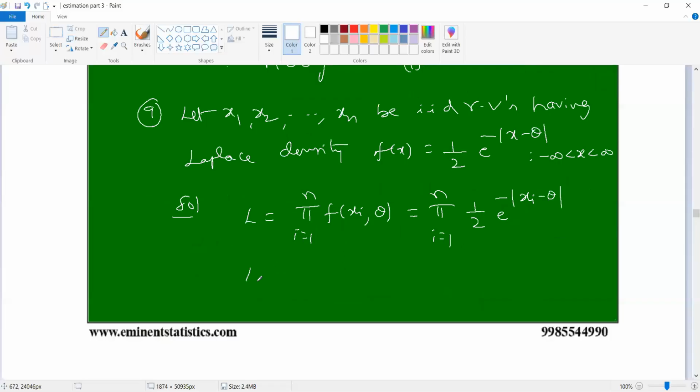That is, L is equal to (1 by 2) whole power n, e power minus summation i is equal to 1 to n of modulus xi minus theta.